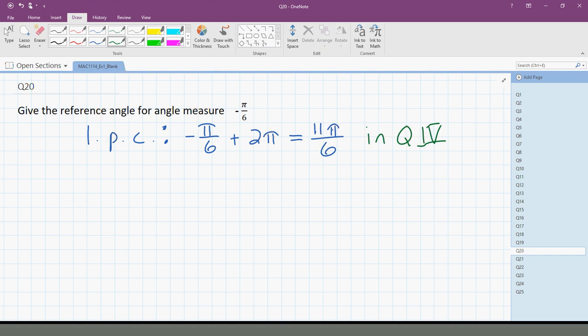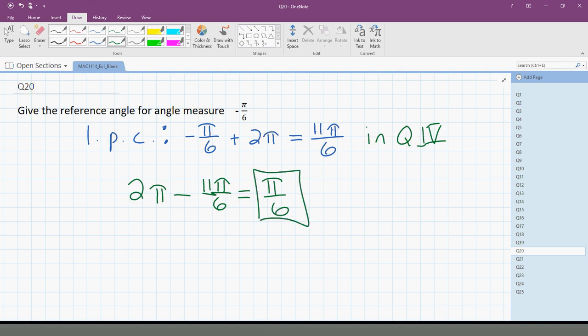So all we're going to do is take 2 pi minus that angle. And what do you get? One pi over 6 or pi over 6, all the same.